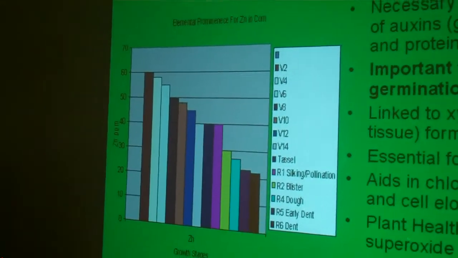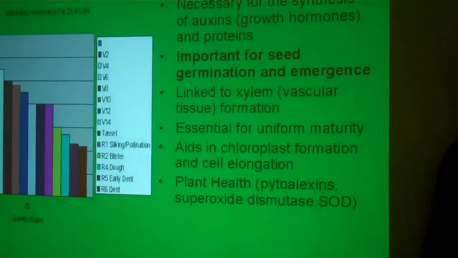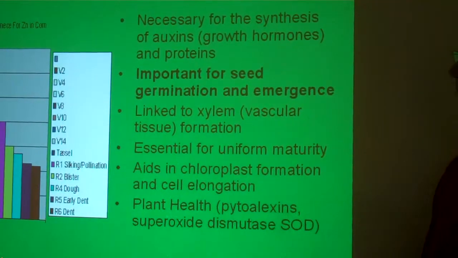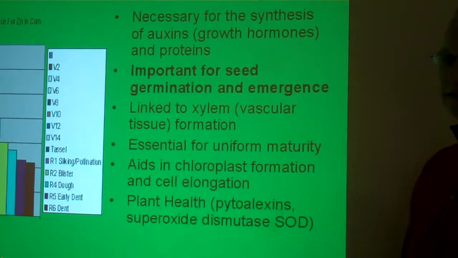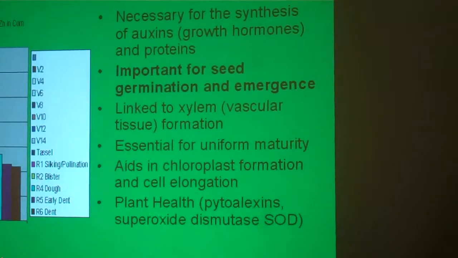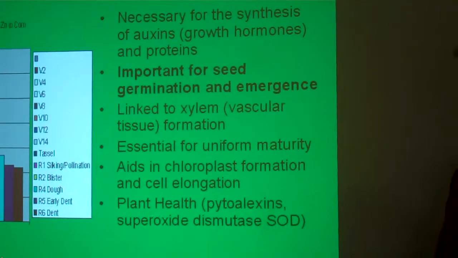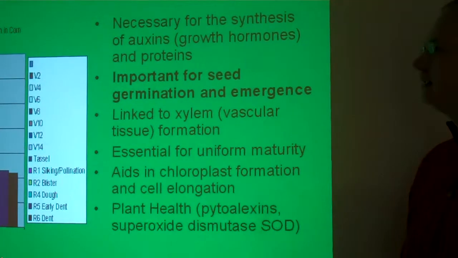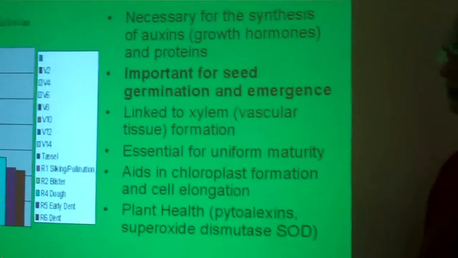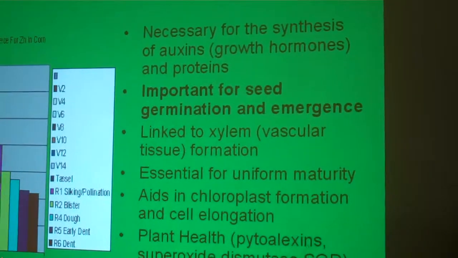Brad, what does zinc actually do in the plant? Zinc, the main function is to get that plant out of the ground. As you said, zinc demands are very early in the plant's life. Basically what zinc does is it's necessary for the synthesis of auxins, which basically means it helps get the growth hormones and proteins growing in the plant.